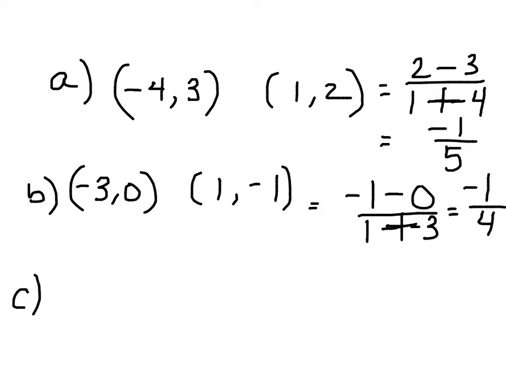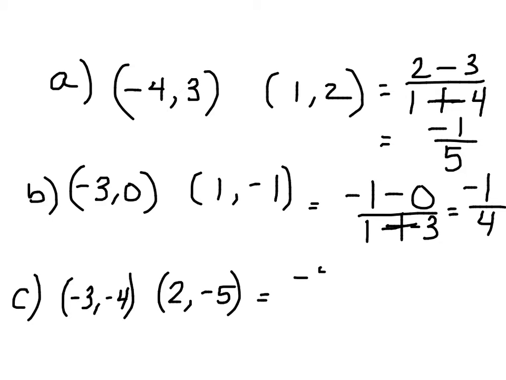Then line C has the ordered pairs (-3, -4) and (2, -5). Which one is y2? -5, good. -5 minus. And what did two negatives do? On the bottom, what's x2? 2.